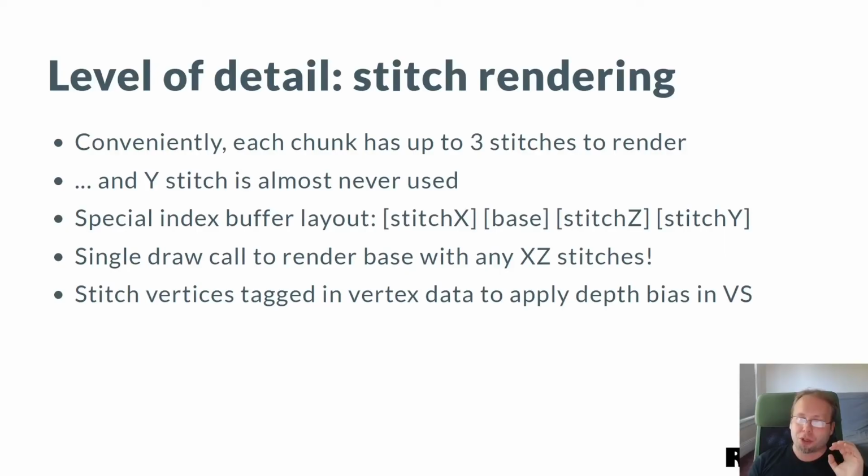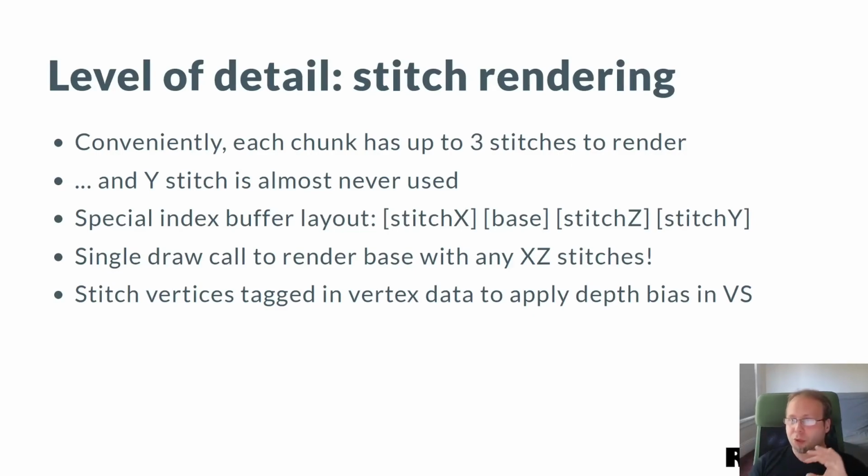And if you order your index buffers for the stitch geometry and the base geometry in one consecutive index range, stitch X, base, and stitch Z, then whether you only need X or Z or both or neither, it's still one single draw call to just adjust the index range. And so it's almost always still the case that we only need one draw call per chunk. We only need 2 if for some reason we need to draw the Y stitch.